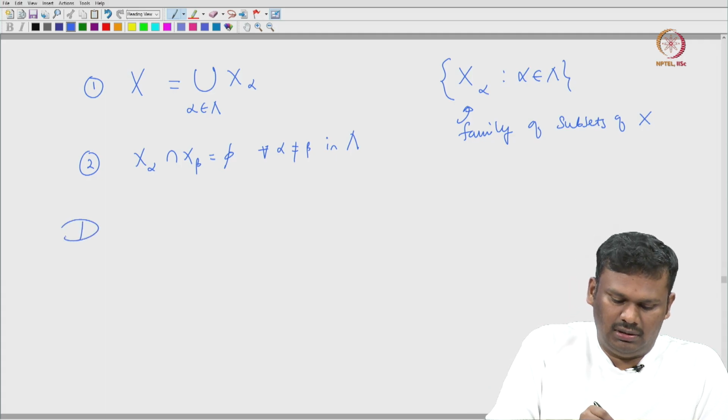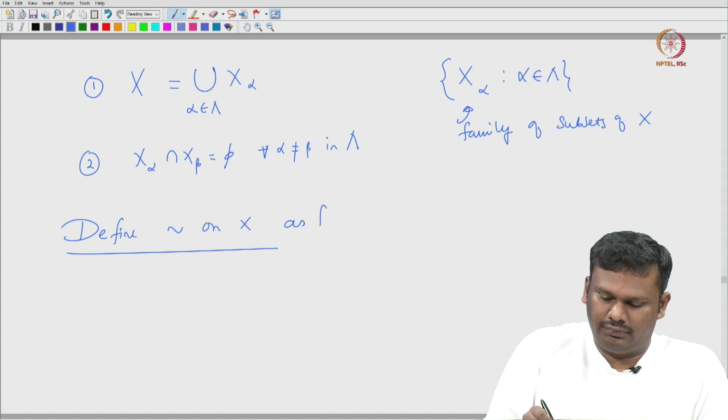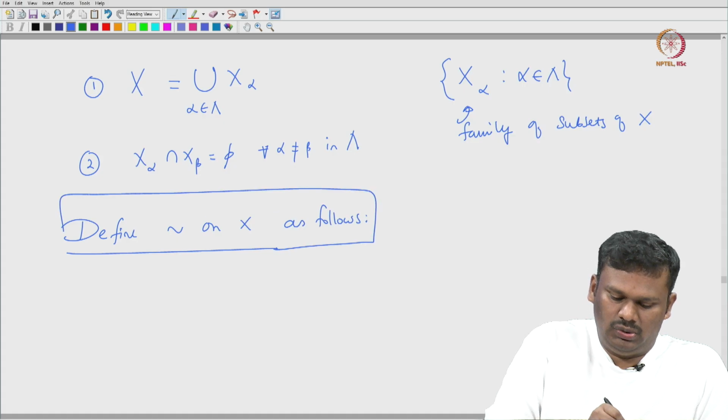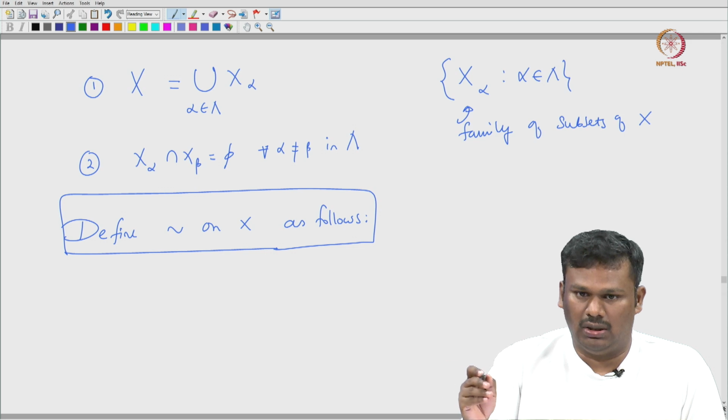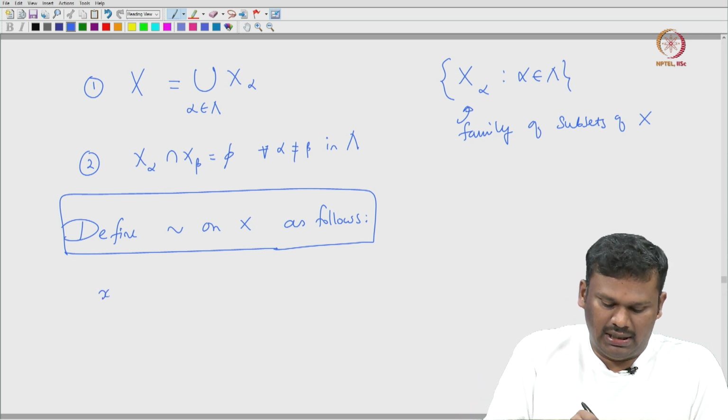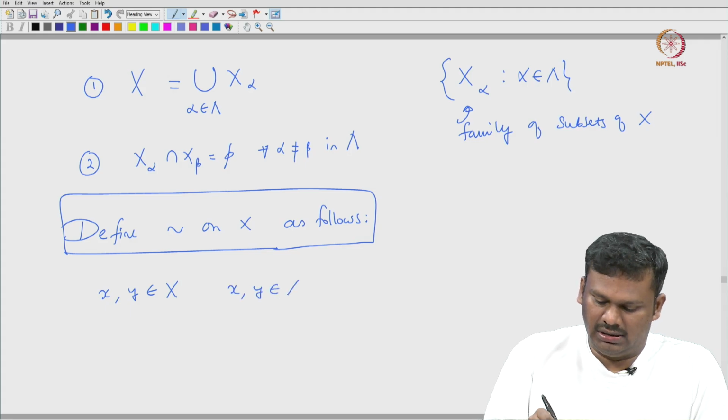So, define the following relation. Define tilde on capital X as follows. Now, the key point is you treat all the elements that come from one particular X alpha as related. And if elements come from two different X alphas, you say that they are not related. So, you take x and y in capital X and see whether x and y are both in X alpha.